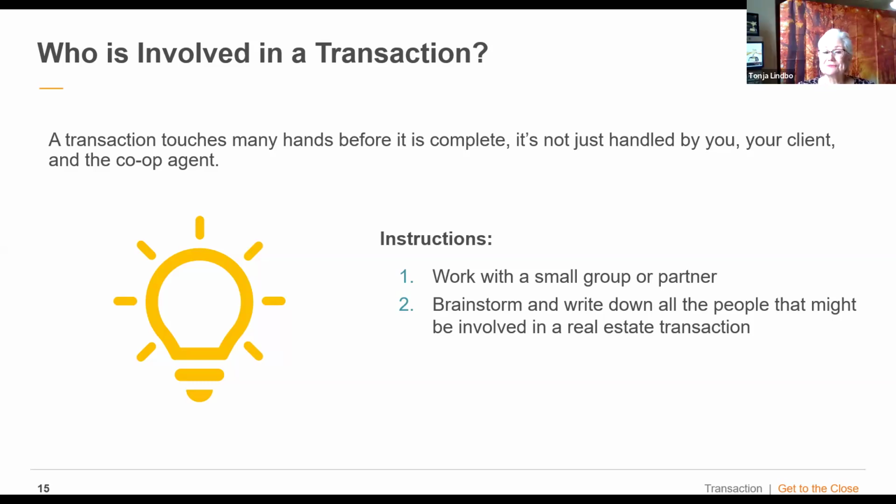Then you'll be dealing with the loan officer as well. And some people will go ahead and hire a cleaning crew for their seller or for their buyer to do a cleanup, either at the end of moving out or prior to buyers moving in. And there could also be a whole list of vendors.